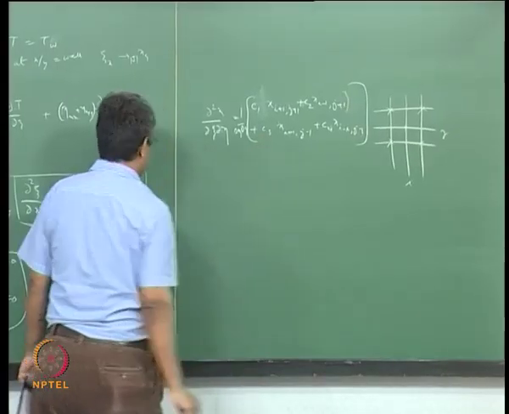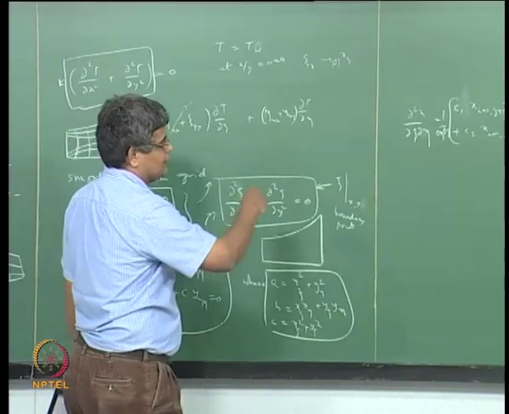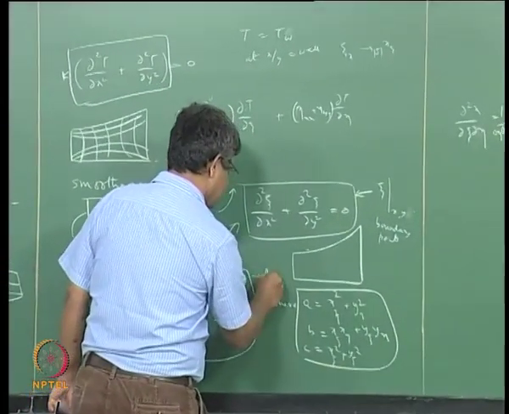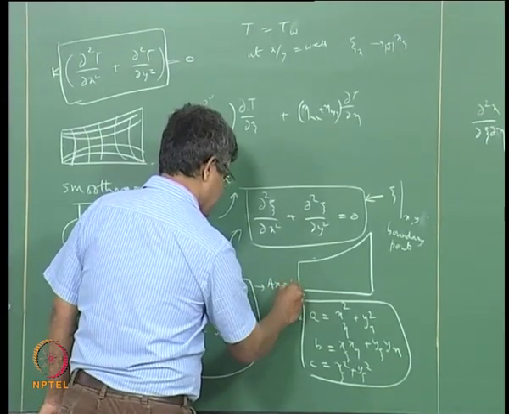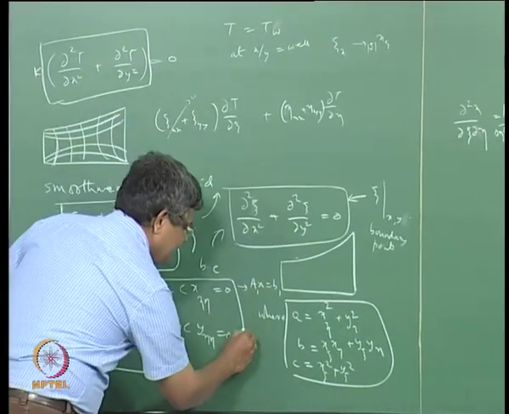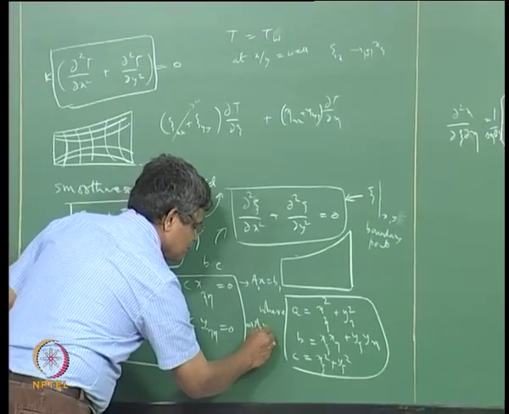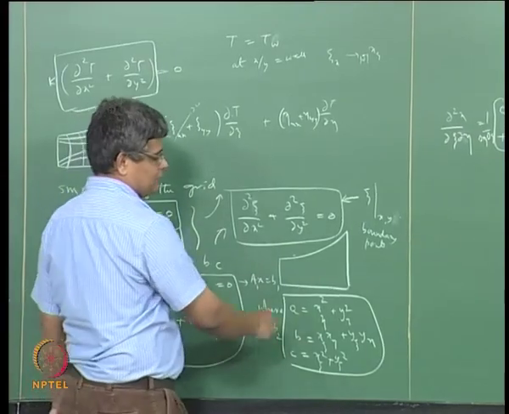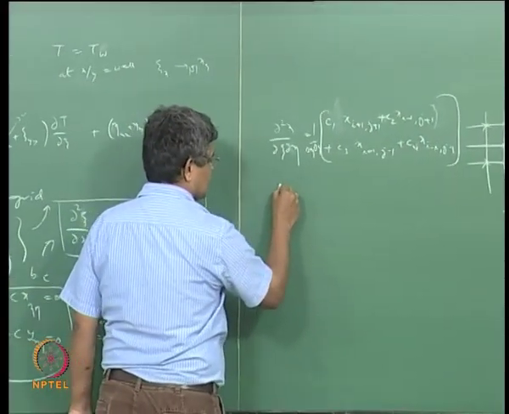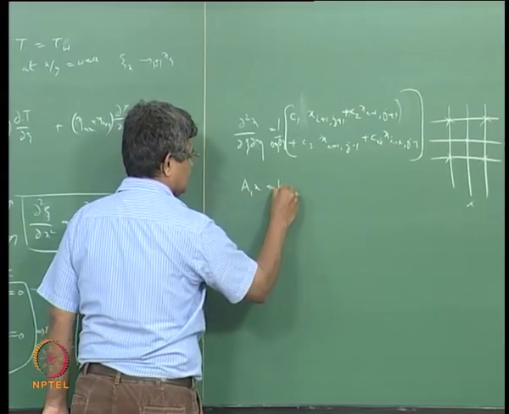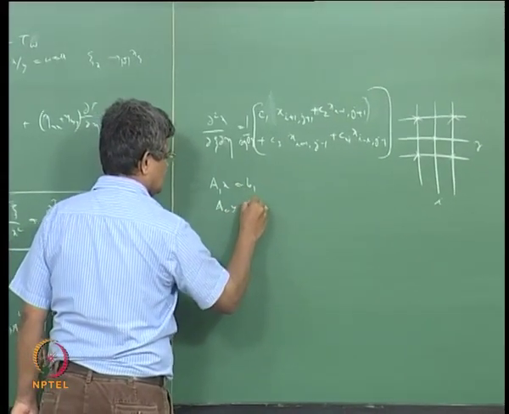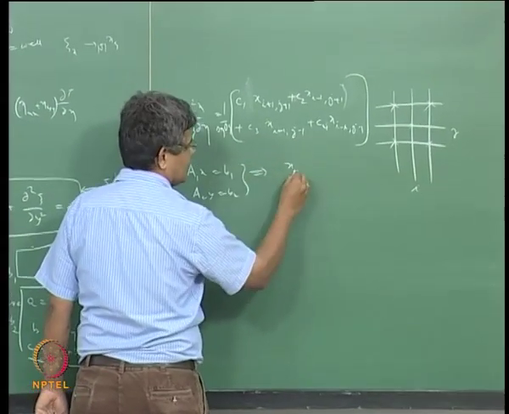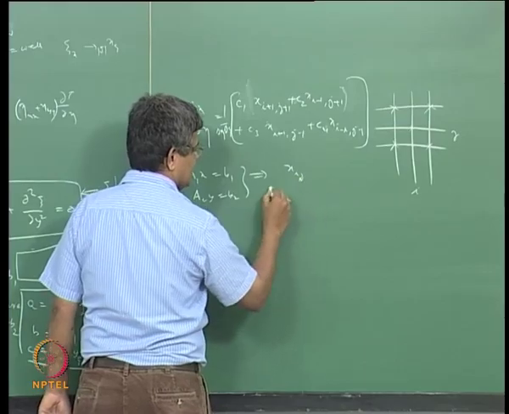So we can write like this and convert this into an equation of Ax equal to b, a1x equal to b1, and this as a2y equal to b2, and the solution of these two will give us xij and also yij.